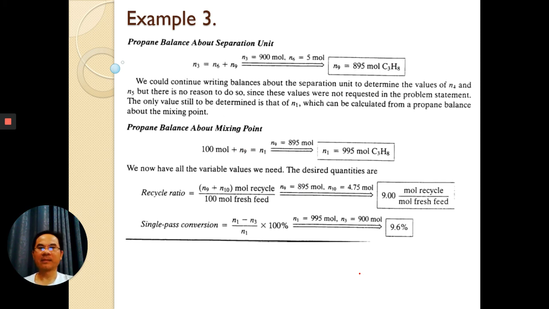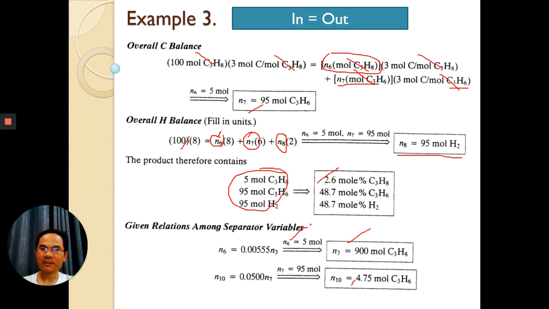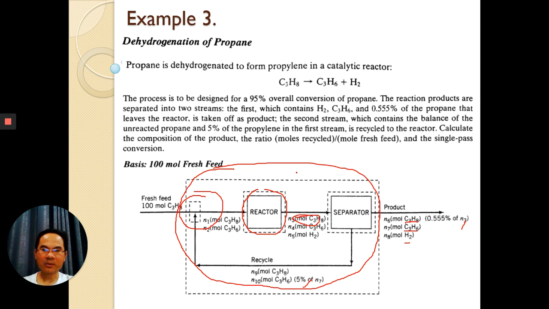The next step, you balance based on the separator. If you balance the total mole of the separator, or if you balance based on propane or propylene, first you do the propane balance. Propane input to the separator is N3, output is N6 and N9.